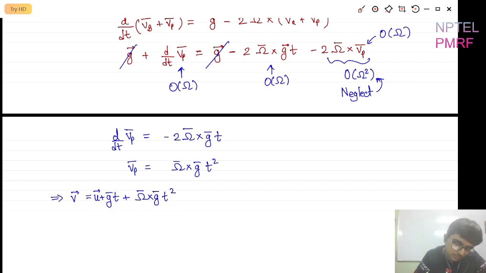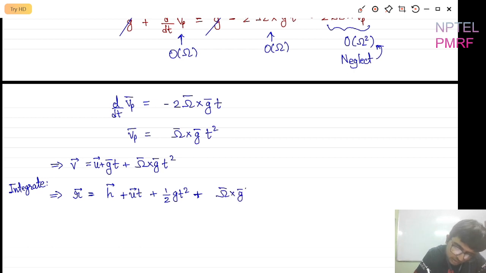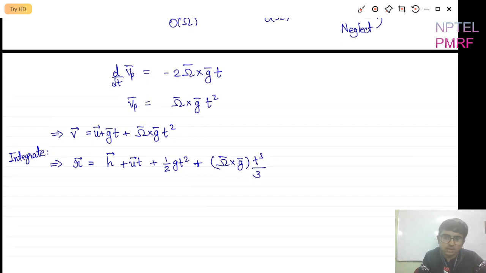Now we can integrate this again, so that r becomes h plus ut plus half g t squared plus omega cross g t cubed over 3. Cool.